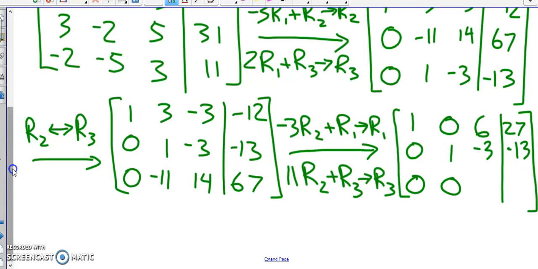That's going to become a 0. Now 11 times negative 3 is negative 33. That plus 14 is negative 19. 11 times negative 13 would be negative 143. Plus 67 would be negative 76.